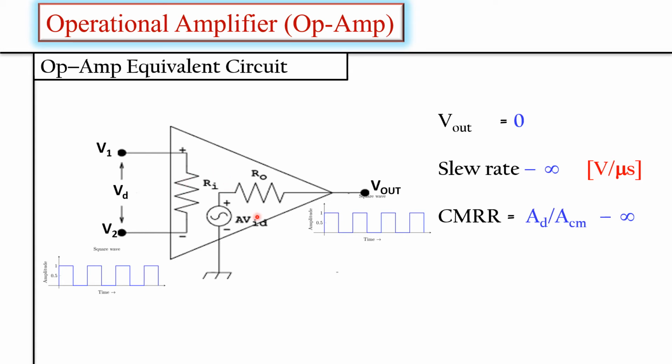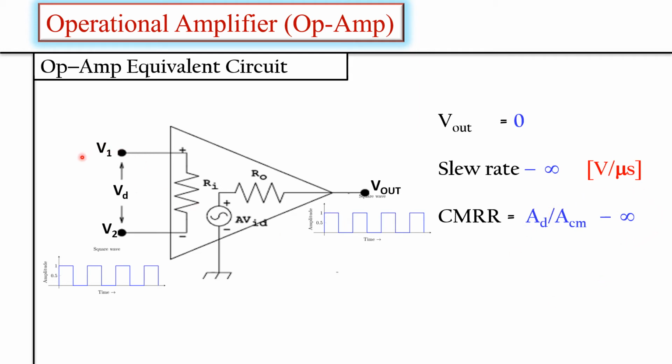In general, it is defined as the differential gain to the common mode gain. Okay, so common mode rejection ratio is defined as the ratio of differential gain to the common mode gain. For an ideal op-amp, the value of the common mode rejection ratio should be equal to infinity.